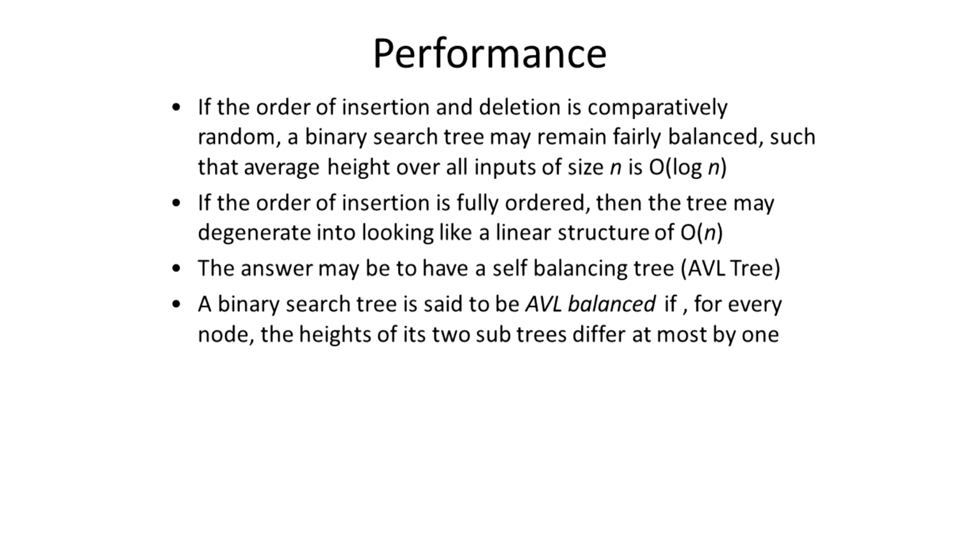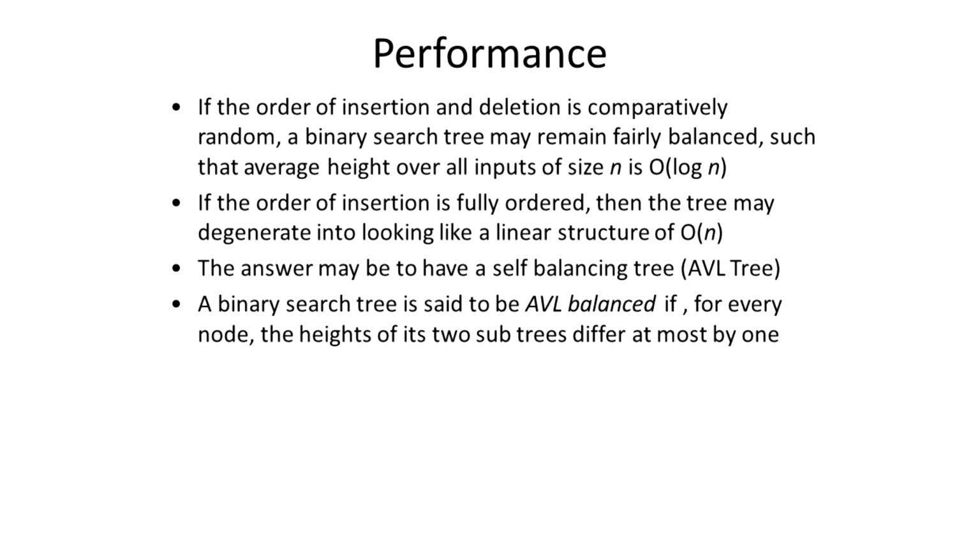So, in summary, if the order of insertion and deletion is comparatively random, then we can achieve logarithmic performance. However, if we insert items that are close to or perfectly ordered, then the performance of the tree degenerates to linear time, which is O of n.